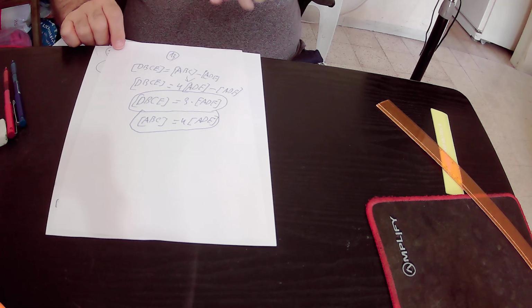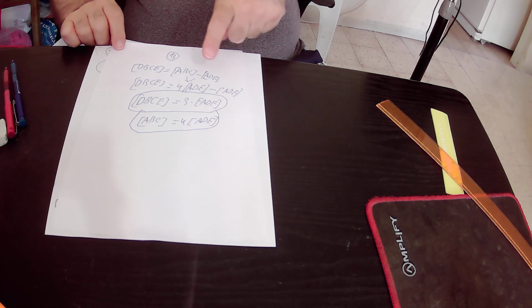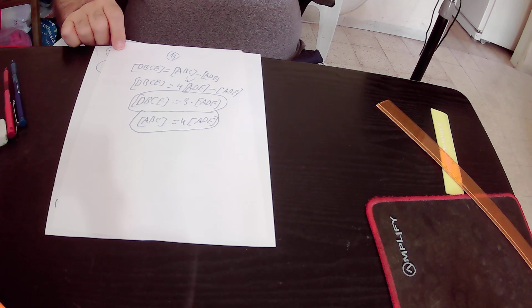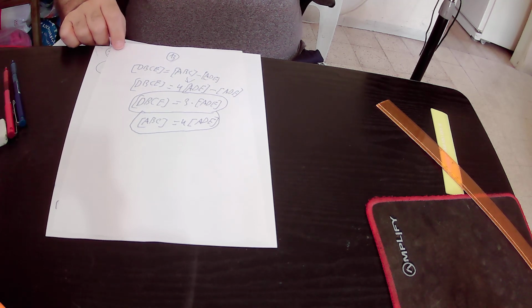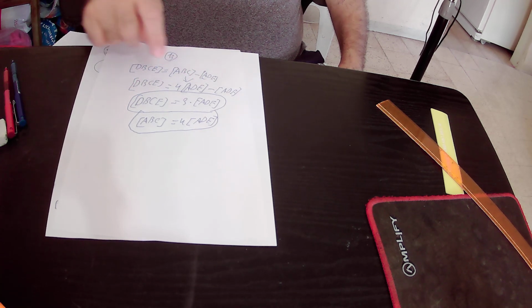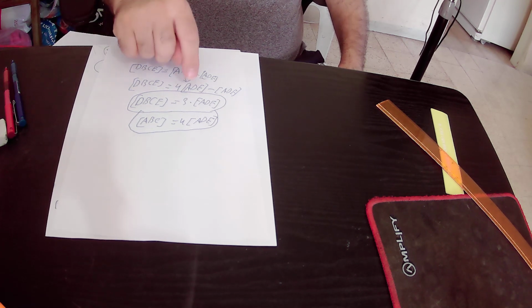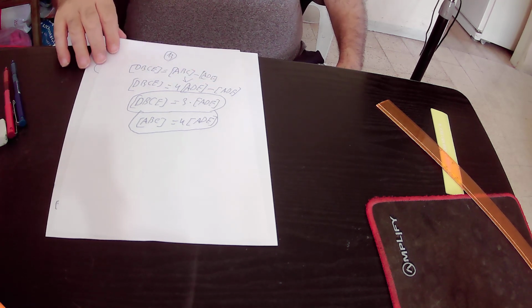But we have already found out that the area of triangle ABC is 4 times the area of triangle ADE, so we can substitute the area of triangle ABC by 4 times the area of triangle ADE. So at the end we found out that the area of quadrilateral DBEC equals 3 times the area of triangle ADE. Okay?